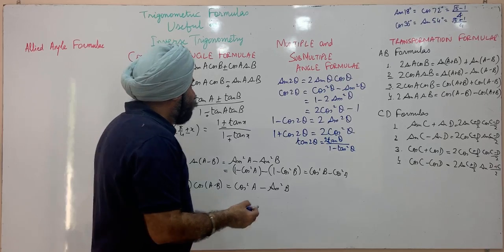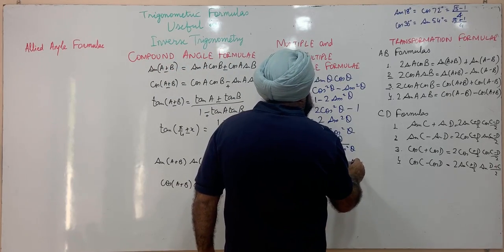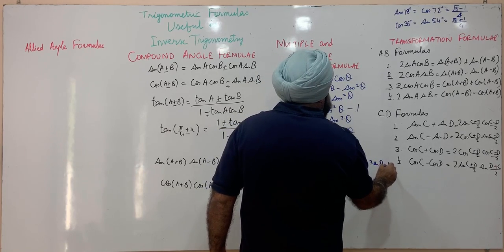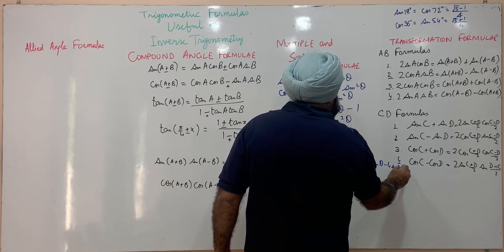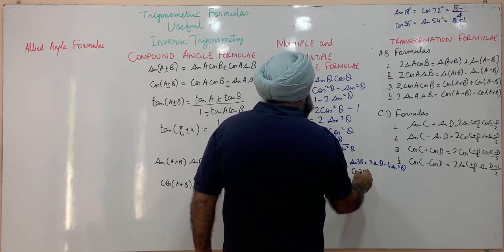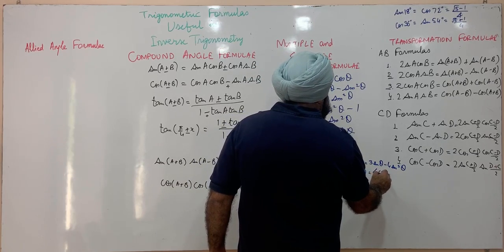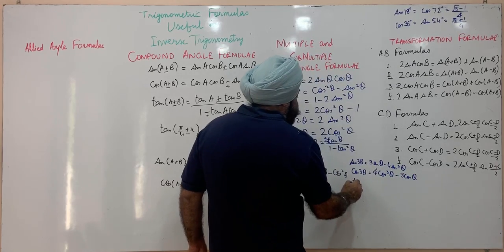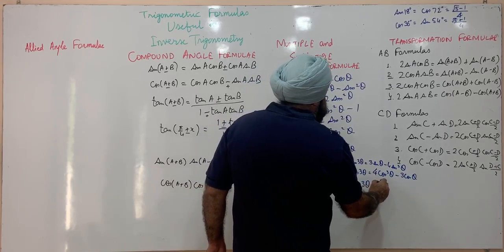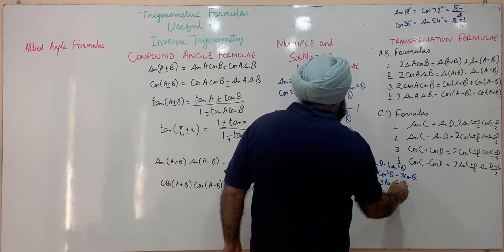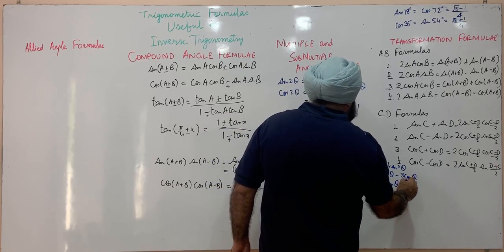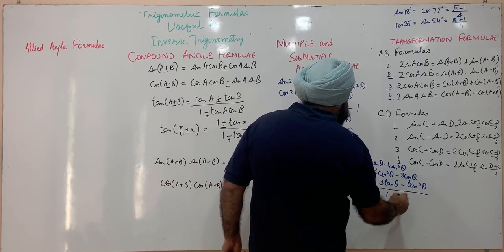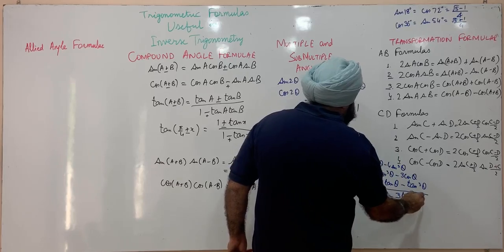Similarly, we have formulas for 3 theta. Sine of 3 theta is 3 sine theta minus 4 sine cube theta. Cos of 3 theta is 4 cos cube theta minus 3 cos theta, and tan of 3 theta is (3 tan theta minus tan cube theta) divided by (1 minus 3 tan square theta).